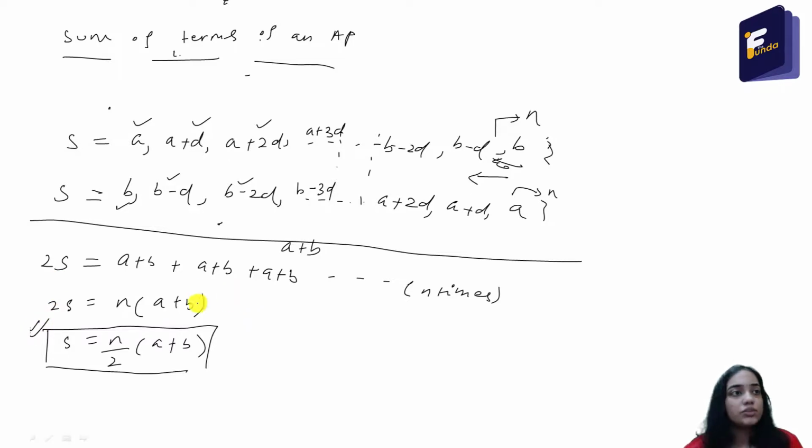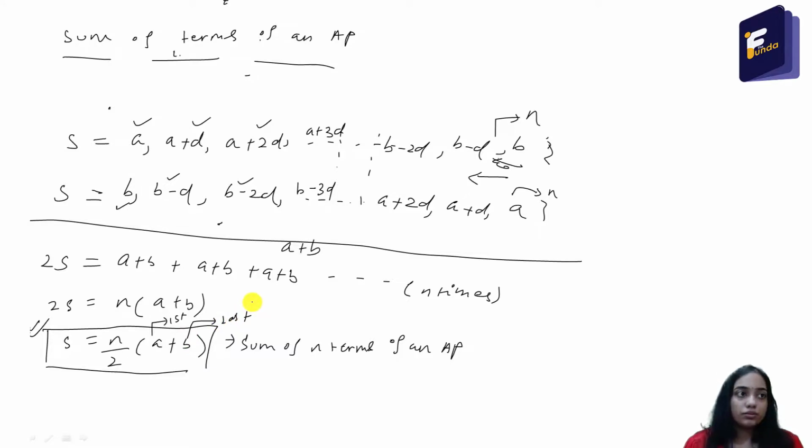Sum of n terms of an AP is n by 2 into first term plus last term. This is the first term, this is the last.